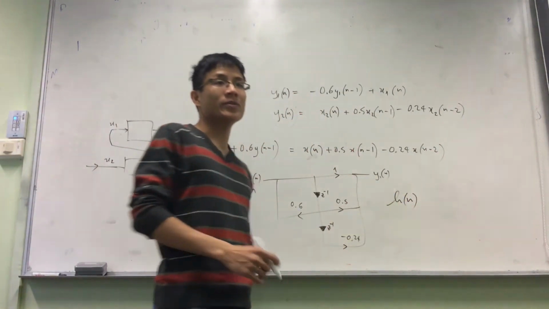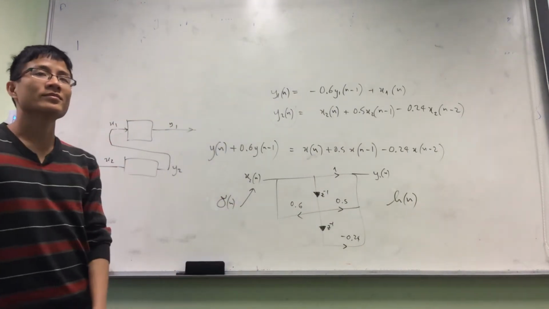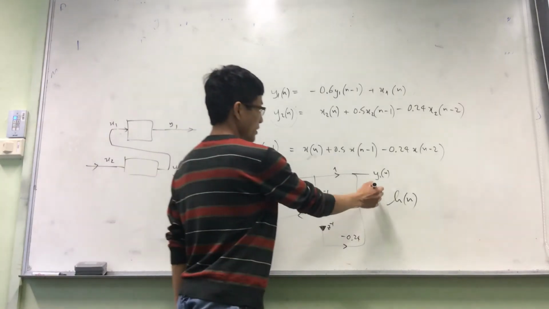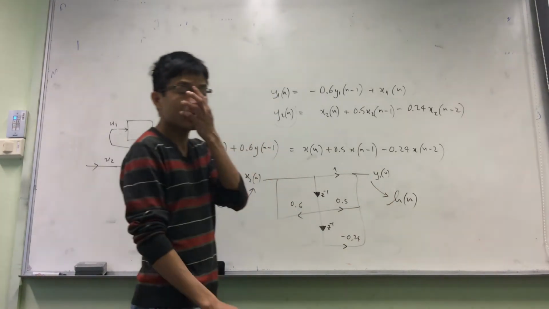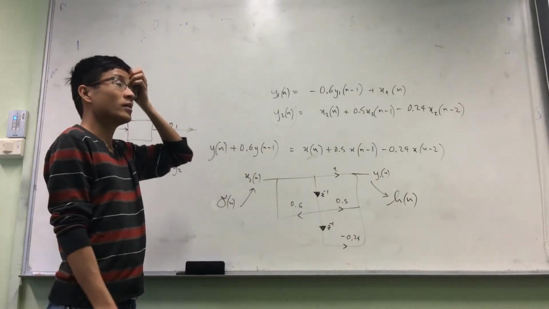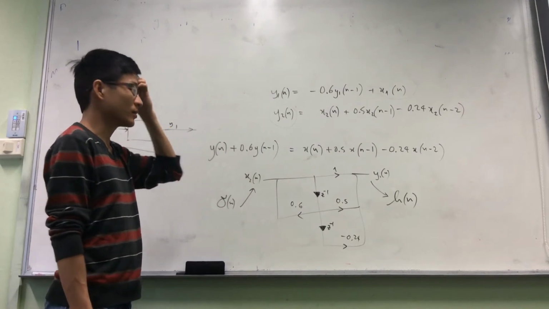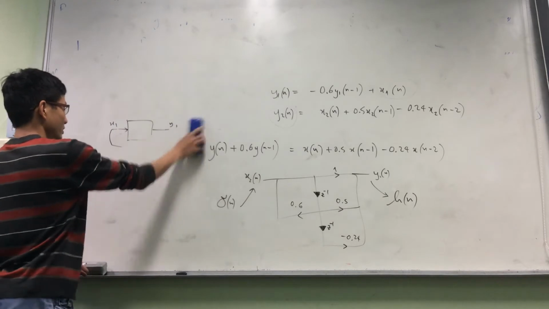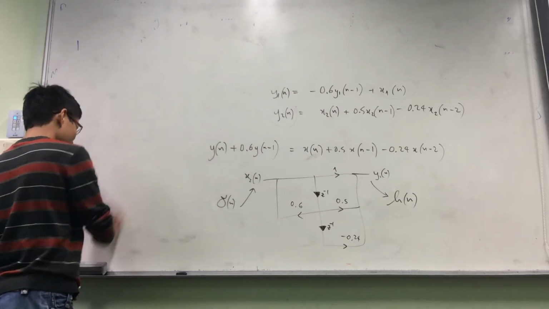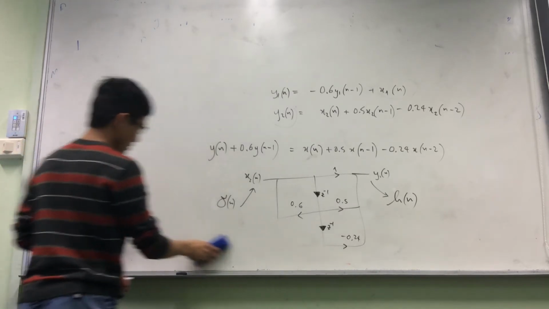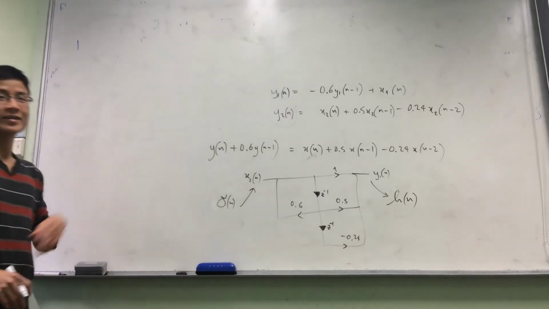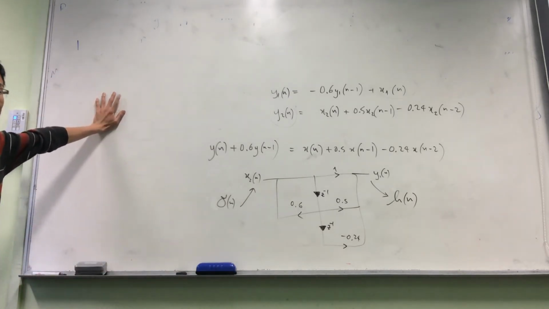How to calculate the impulse response? How many ways are there to calculate the impulse response?